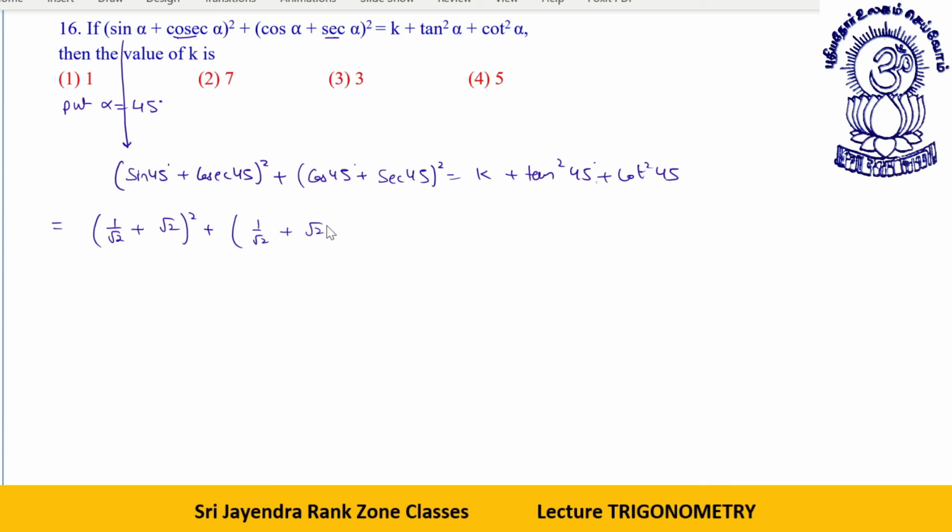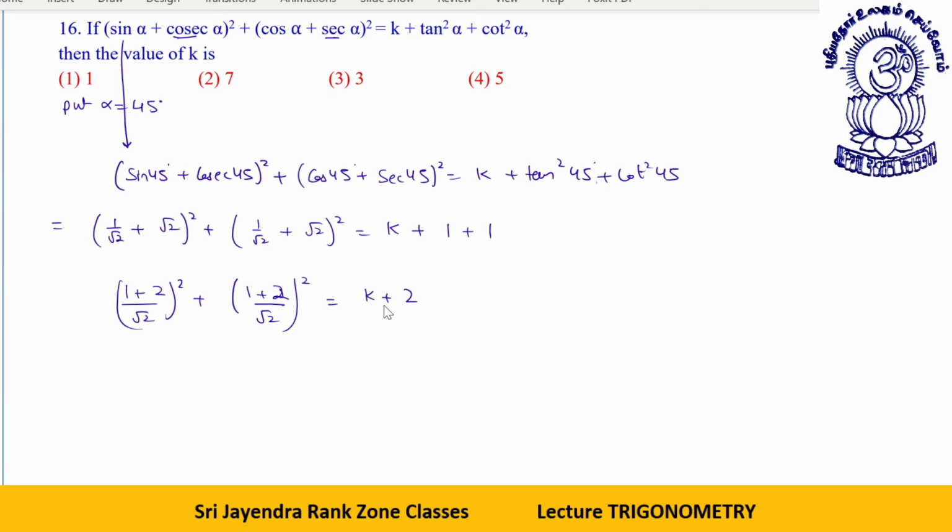Sec 45 is root 2, squared, is equal to k. Tan square 45 is 1, cot square 45 is 1. So what do I get here? I get 1 plus 2 by root 2 square, again plus 1 plus 2 by root 2 square, is equal to k plus 2.